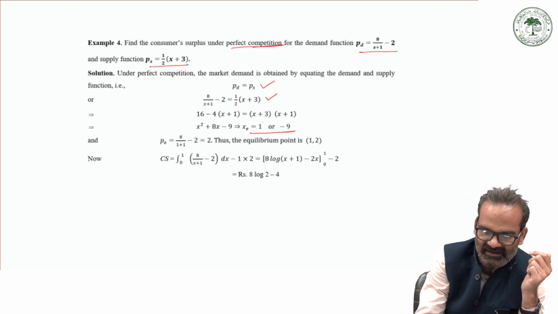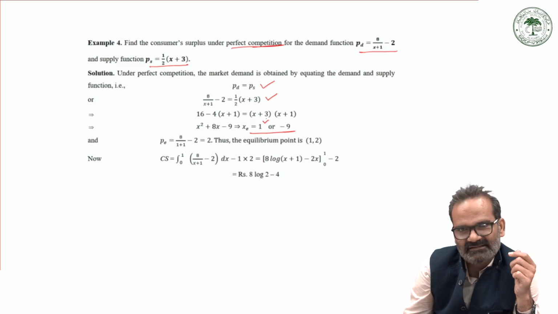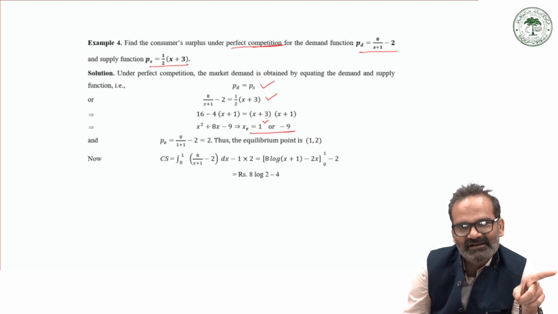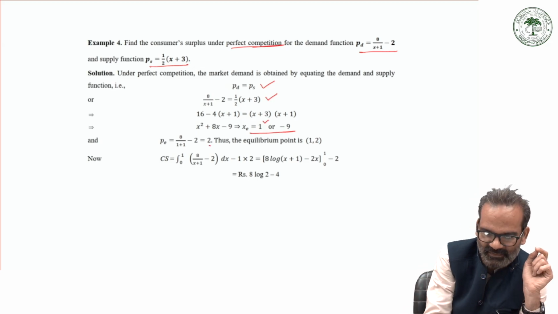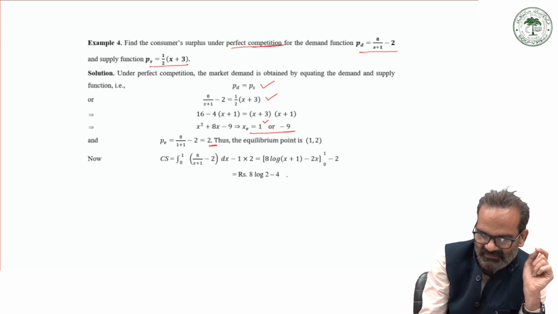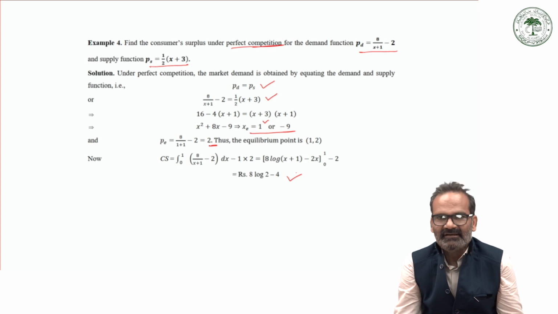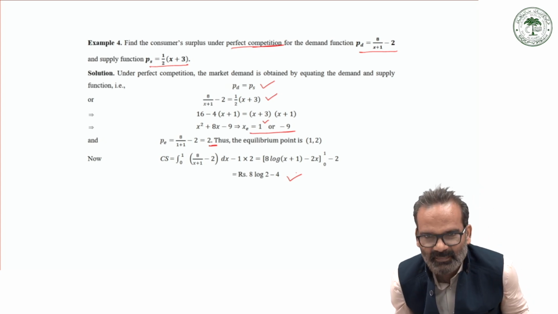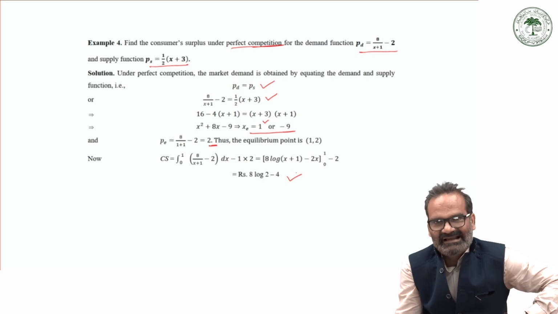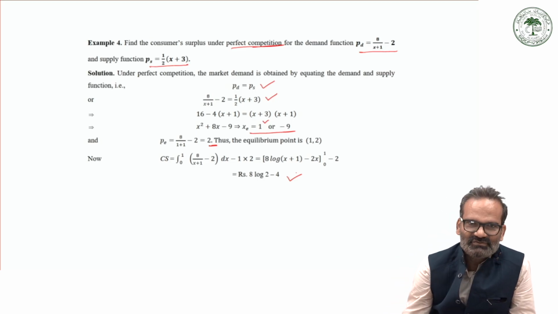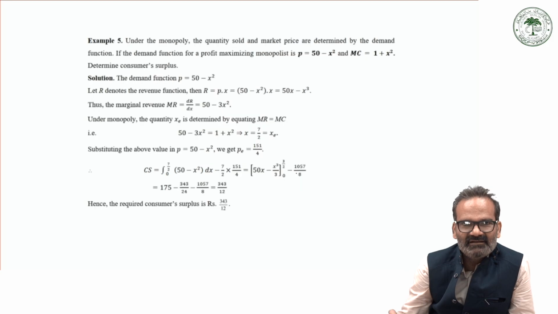So we will take it as 1. So if XE is 1, determine its price by putting XE in the demand function. Price is coming out to be 2, and then you can apply the formula simply to determine the consumer surplus. So try to find out its solution yourself. I have given you the basic hints required to solve the same problem as we did in the last example.